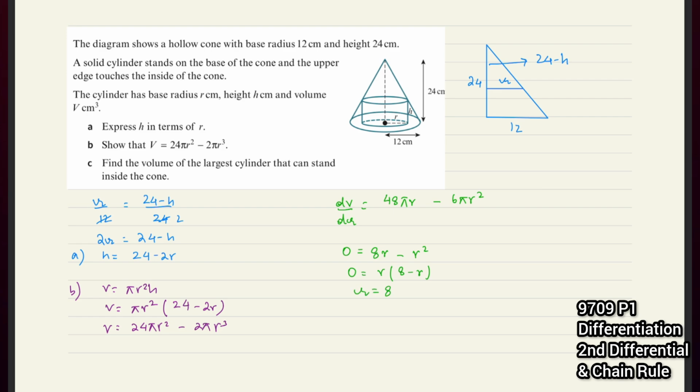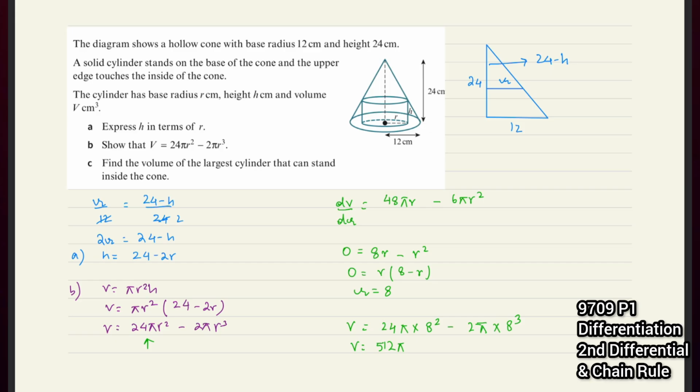Radius is equal to 8. Volume is equal to 24 pi into 8 square, minus 2 pi into 8 cube, which is 512 pi. This is the volume of the largest cylinder that can stand inside the cone.